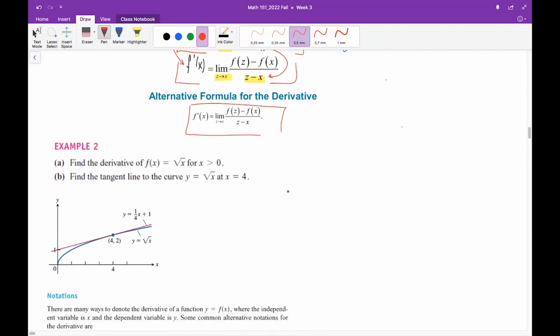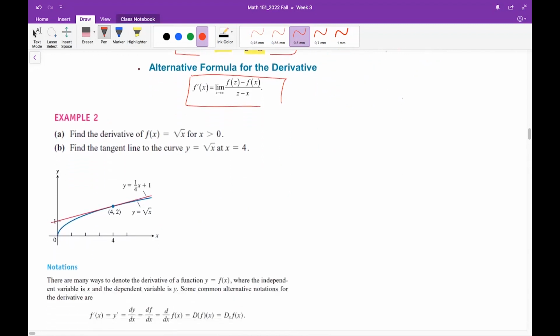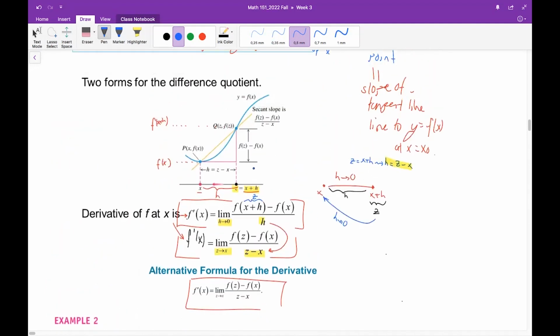Now let's apply this through an example. Read the question, please. Find the derivative of the square root function. So the function is given as the square root. We will find the derivative function of it, okay? So part A, we want to compute this by using the limit definition that we covered here.